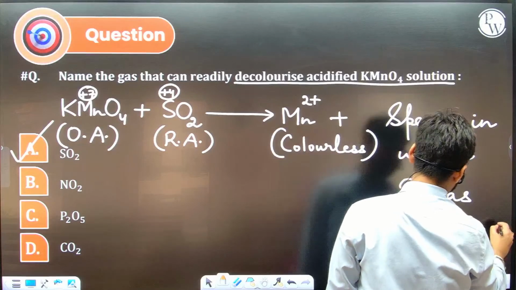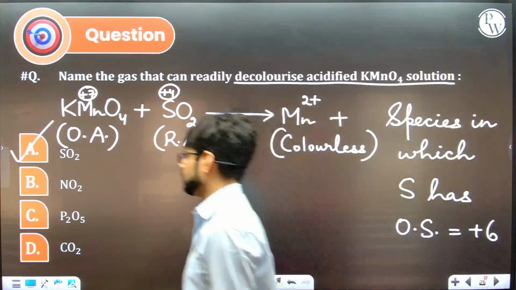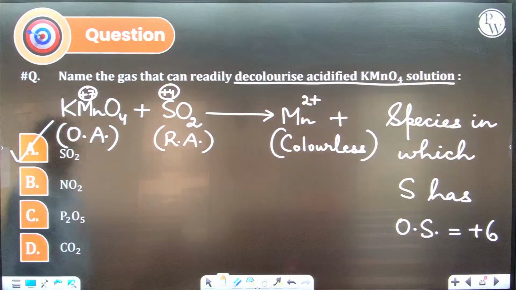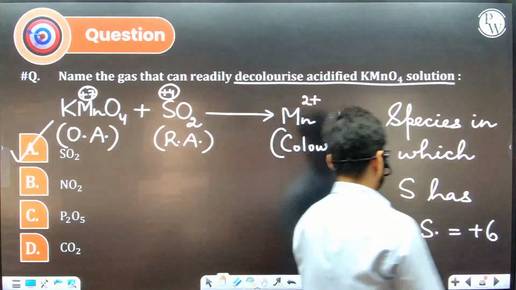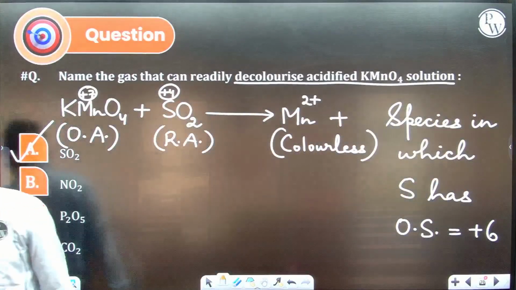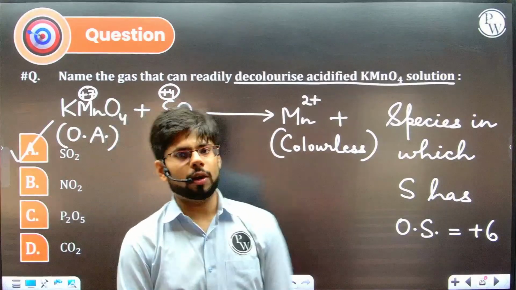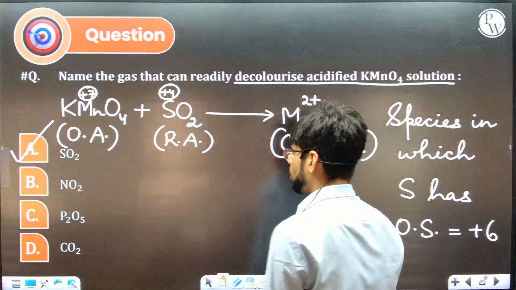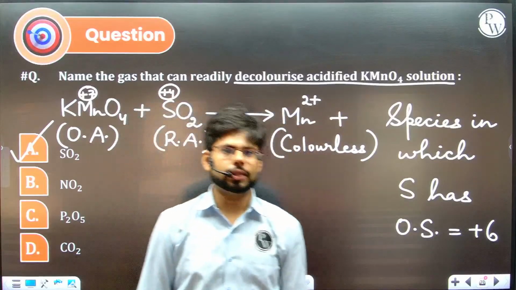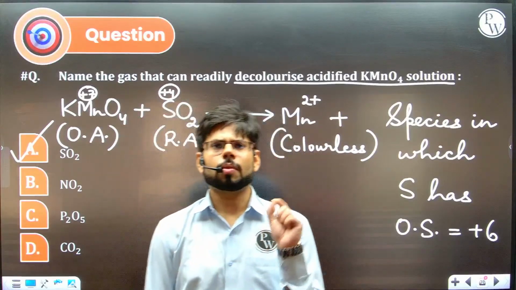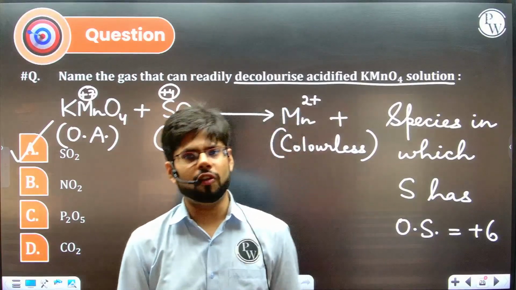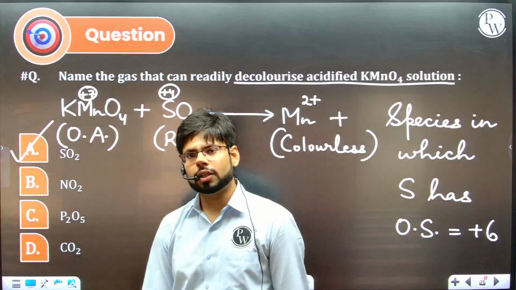Higher than +4 means +6. So very important concepts have been covered, right? Please go through all the reactions of KMnO4 and K2Cr2O7 given in NCERT. Also, you must be thorough with the structures of CrO4 2- ion and Cr2O7 2-.